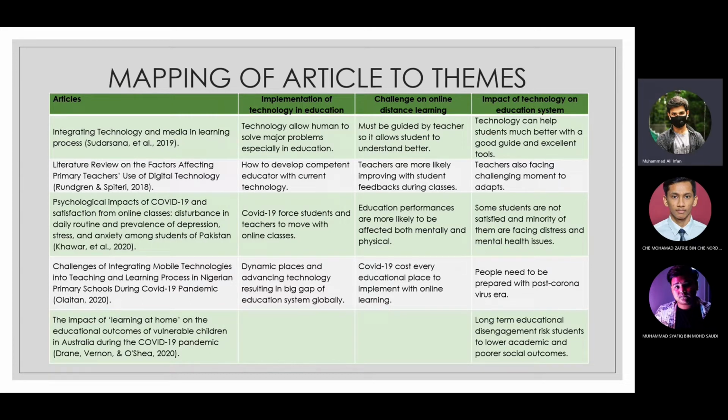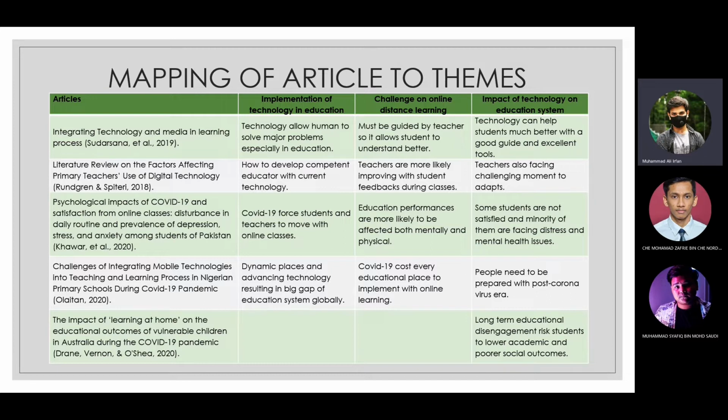So, let's talk about the implementation of technology in education. Technology allows humans to solve major problems, especially in education. How to develop complement educators with the effect of current technology. COVID-19 forces students and teachers to move to online classes, dynamic processes and advantages of technologies resulting in big gaps in the education system globally.